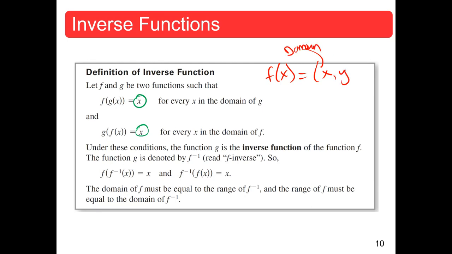And the y's are the range. Well, the inverse is true for f to the negative 1 because remember we switched our x's and y's? So they're like this. So our y's are the domain and our x's are the range for the f to the negative 1. So the domain of f is equal to the range of the inverse. The range of f is equal to the domain of the inverse.